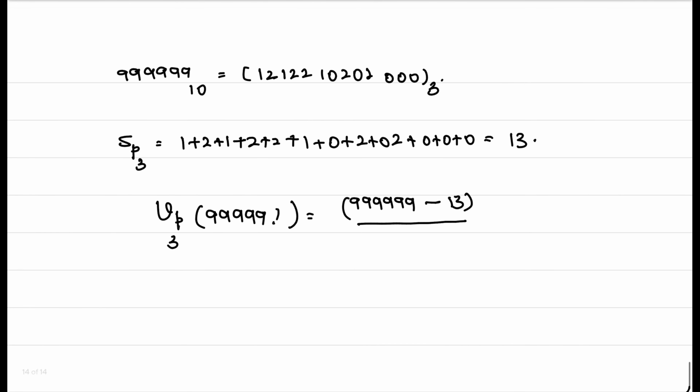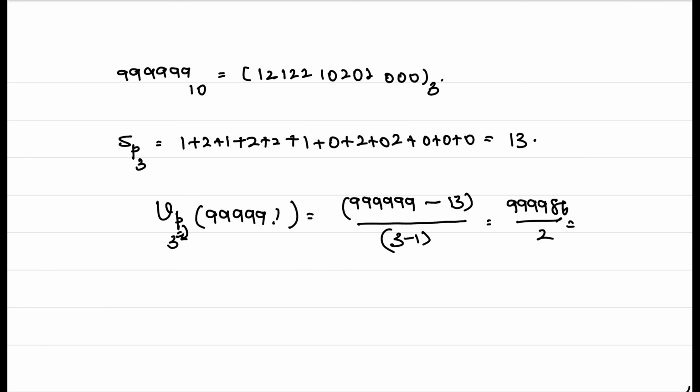P is 3 here, 3 minus 1. That is equal to 999986 divided by 2. What is its value?